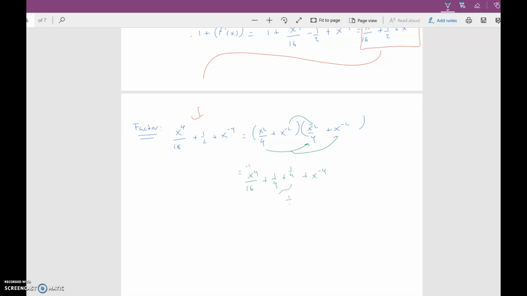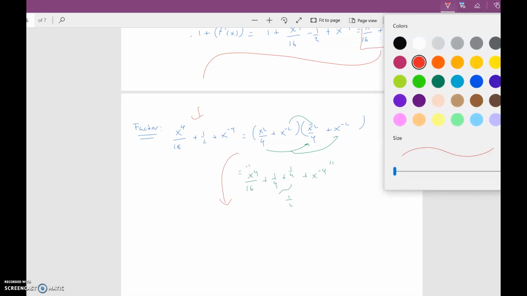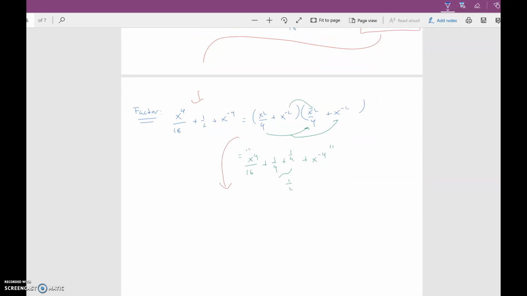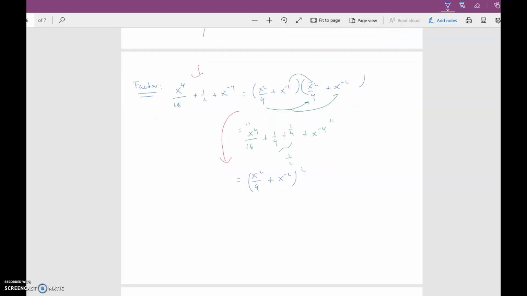These two are going to give us the 1/2. So this one does factor. And the most important portion is that it's factoring as two identical terms, or a perfect square: x squared over 4 plus x to the negative 2, squared.